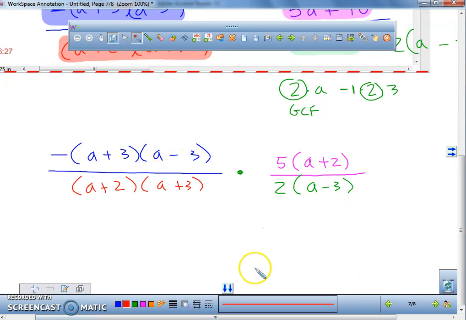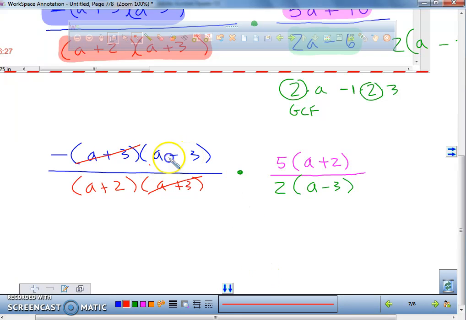Now let's make the problem bleed. Here we go. You see this a plus 3 right here? Boom! That guy cancels out this guy. You see this a minus 3 right here? Boom! That guy cancels out this guy. You see this a plus 2 right here? Boom! Anything in the numerator will cancel out anything in the denominator if they're the exact same factor.